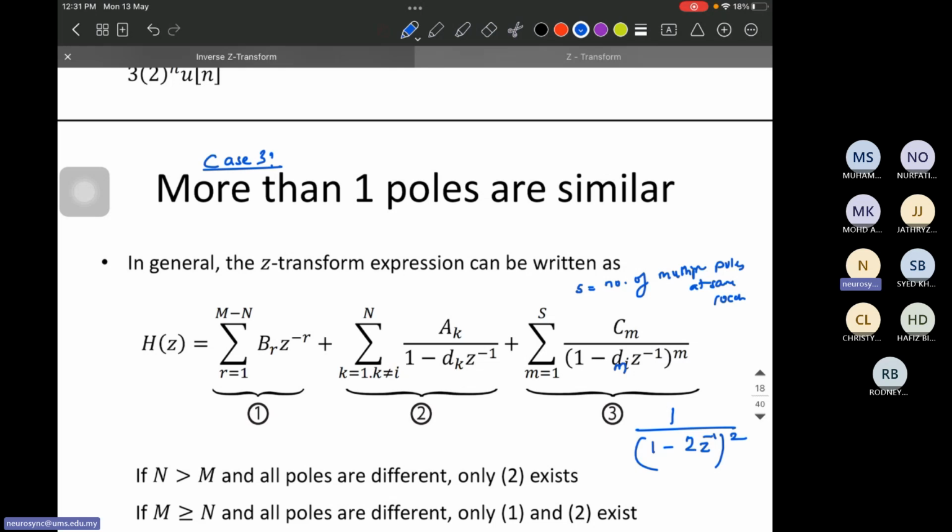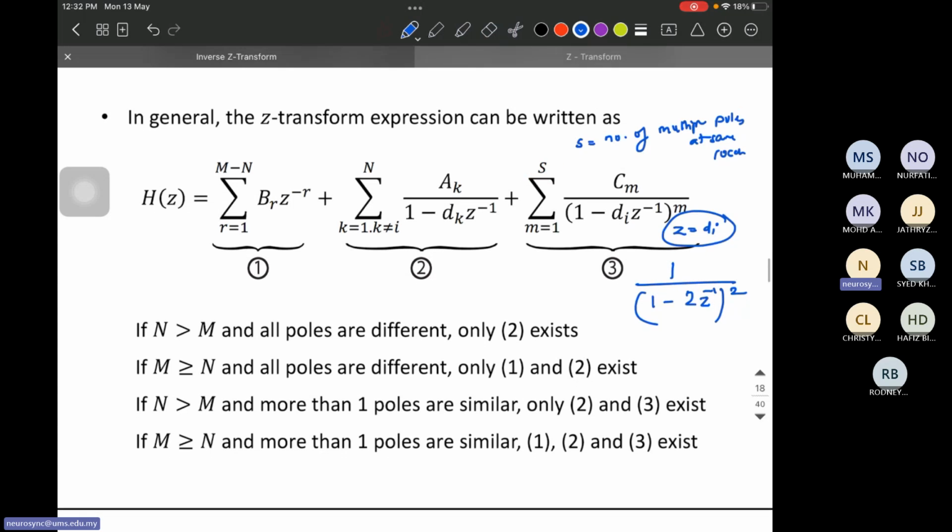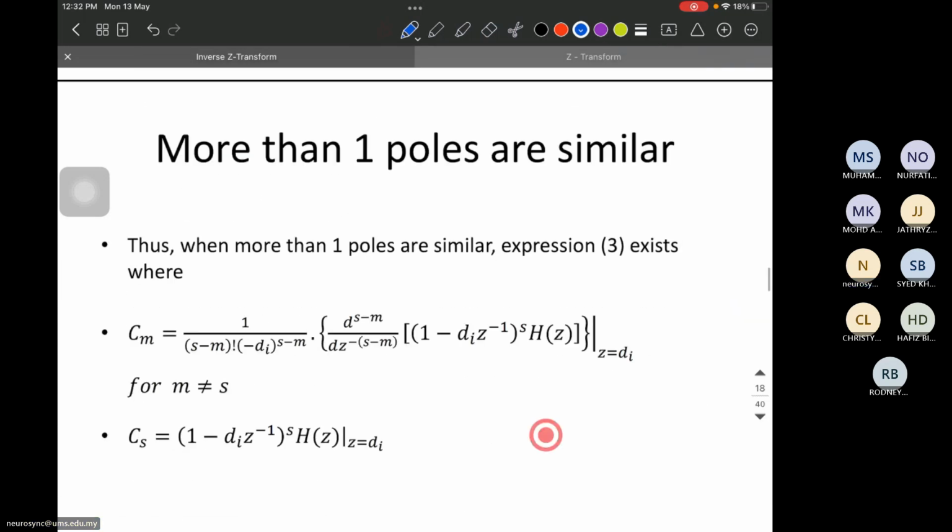Oh, sorry, this is di only, because we are having multiple poles at the location where z equal to di. So S represents the number of multiple poles at this location z equal to di.